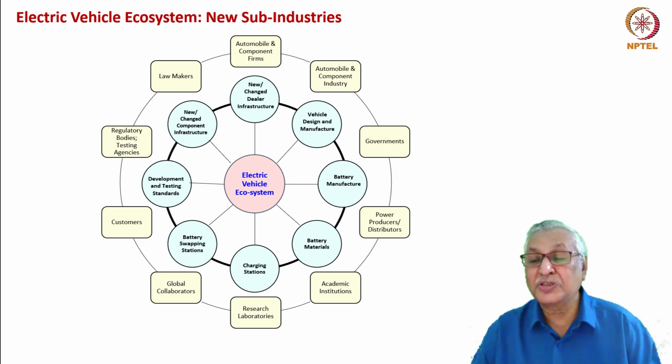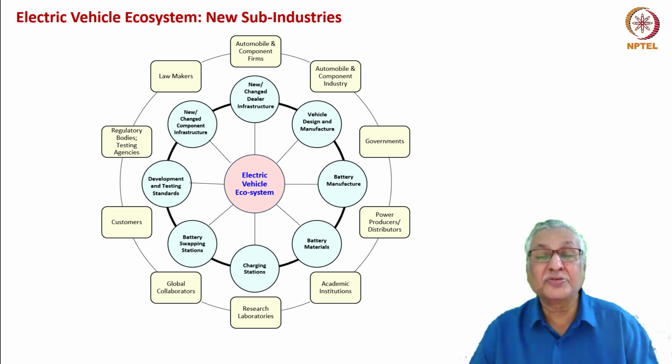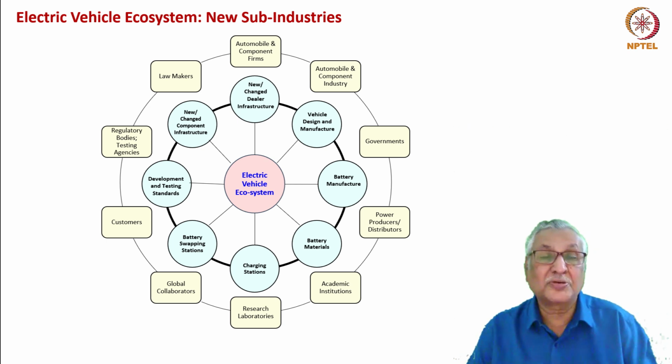Power producers and distributors will gear up to support the electric charging infrastructure. Academic institutions, research laboratories, and global collaborators will work together to ensure several solutions for the creation of a new electric vehicle system. Customers will be looking at electric vehicles with expectation. Regulatory bodies and testing agencies will be developing new homologation systems, while lawmakers will be grappling with any challenges that could arise with the electric vehicle system.